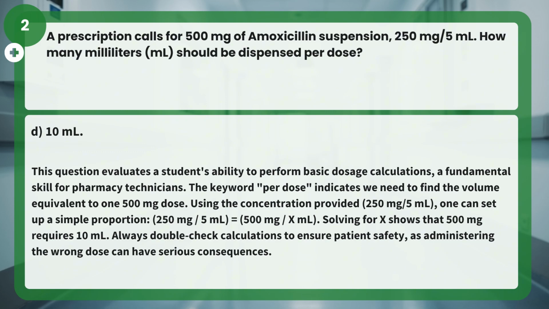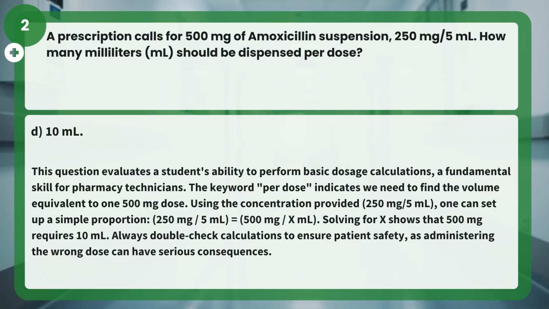Answer D. 10 milliliters. This question evaluates a student's ability to perform basic dosage calculations, a fundamental skill for pharmacy technicians. The keyword per dose indicates we need to find the volume equivalent to one 500 mg dose.